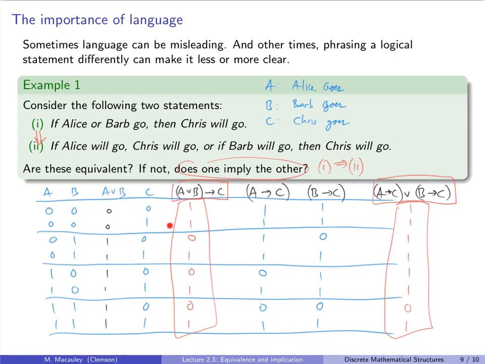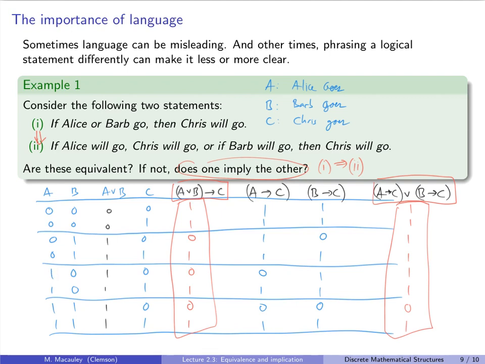But this first statement, if Alice or Barb go, then Chris will go, has a false implication in the case when Barb goes but Alice does not, or Alice goes and Barb does not. So that's a little bit counterintuitive because the human being who is saying this is probably implying that if only Barb goes, or if only Alice goes, then Chris will go.